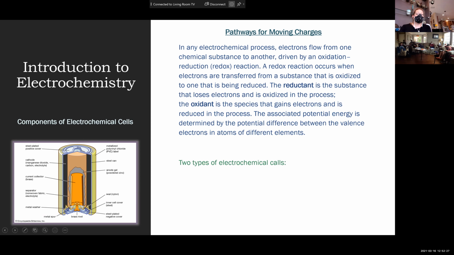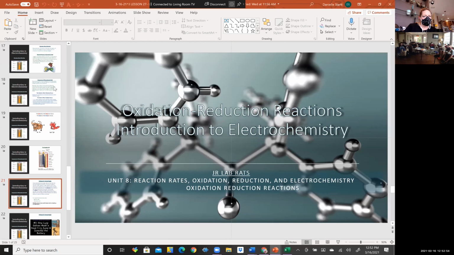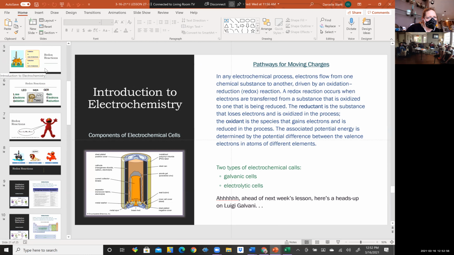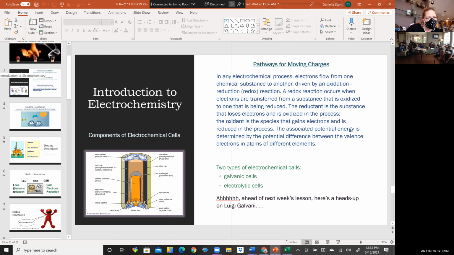So wait, if the reductant is the substance that loses electrons and is oxidized, what's the reducing agent? The reducing agent, they believe, is the reductant. Look at the definition: the reductant is the substance that loses electrons and is oxidized. So where did we have our definition of reducing agent? We had it up here. Where was it?